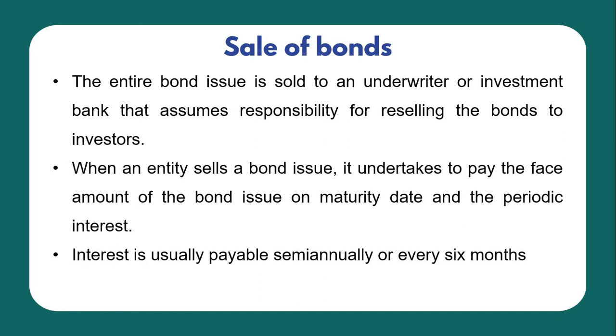So, kumbaga, an agent. So, who are these agents? These are investment banks. Say for example, if an issuing entity is looking for an investor, the investment bank will be the one to look for investors. So, it will now negotiate with the investors.